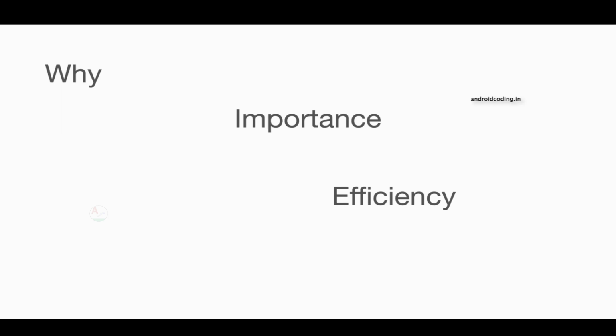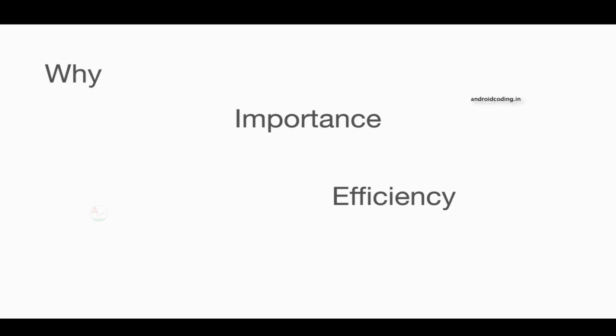So what about efficiency? If you follow these data structures, you may experience your application working faster than before. As we have said, we are arranging everything in a flow, so it also reduces the time. For example, if you have API calls lined up in the splash screen, it might take a lot of time for the user until all the API calls are completed, and then he can enter your application.